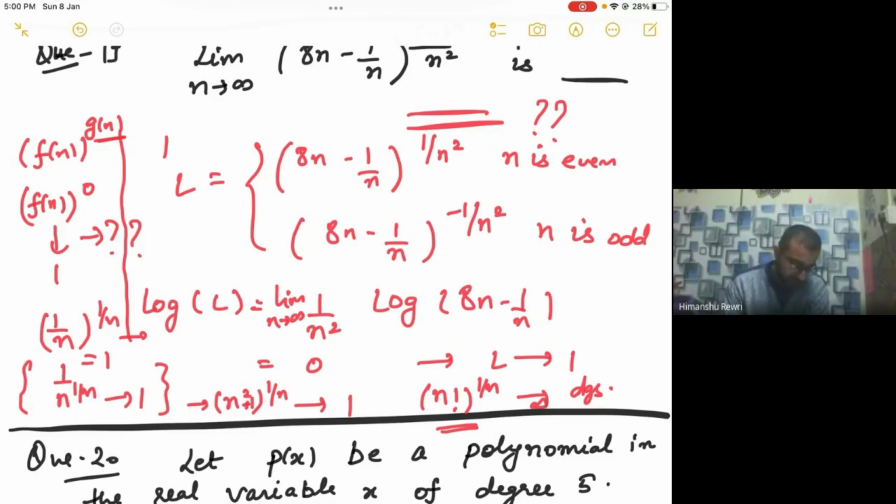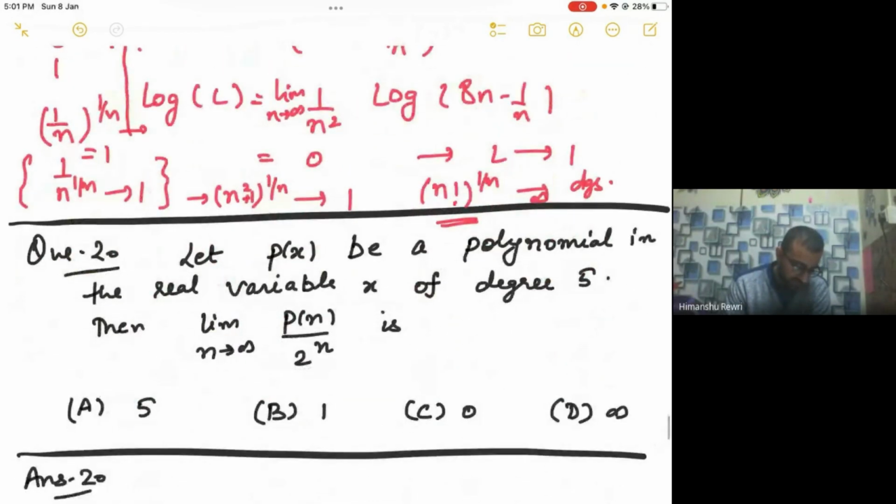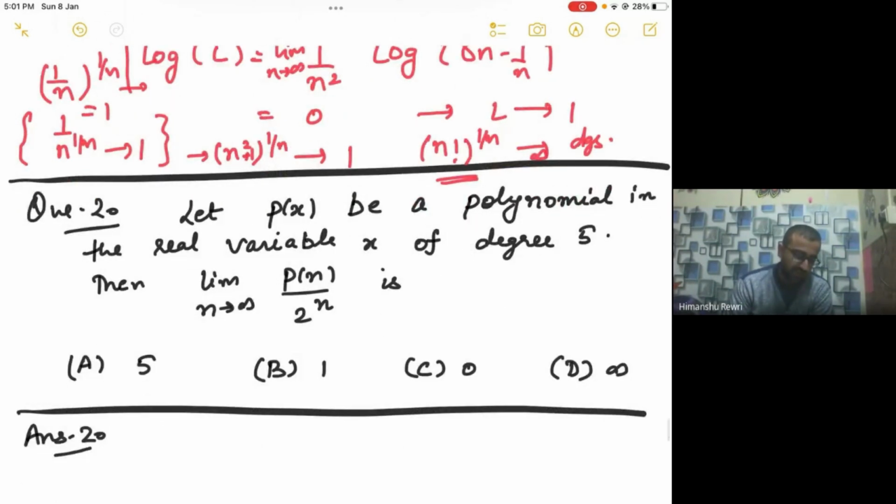Anyway, we don't have that much time, so let's go to question number 20. This is also a nice, easy question. It says that if p(x) is a polynomial in the real variable x of degree 5, then what will be the limit of this?